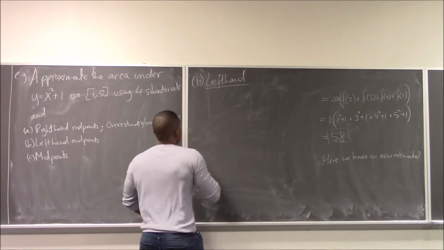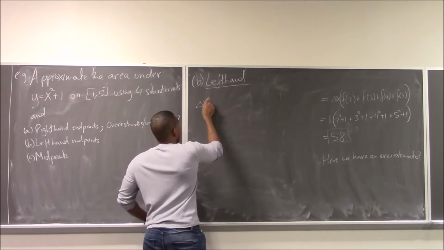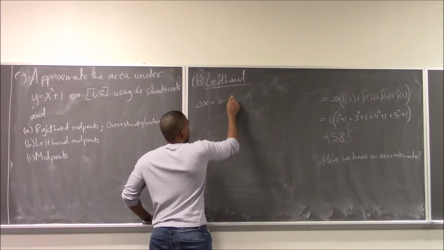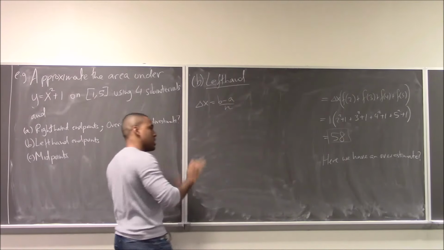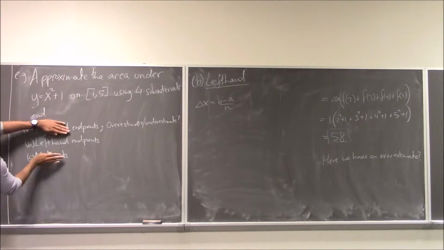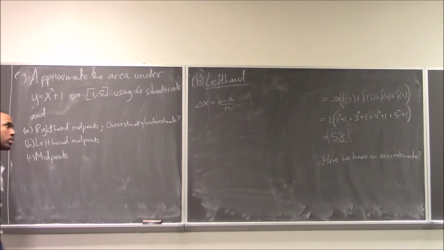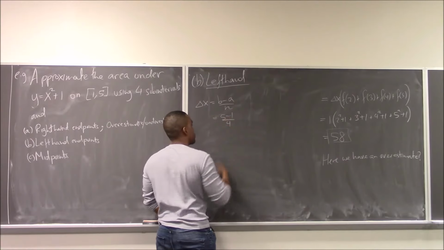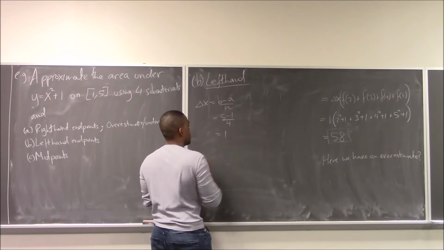So same idea. We're going to do delta x. We're going to need to draw the picture. Delta x equals b minus a over n. We're pretending that this was the question and it told me to use the left-hand endpoints. So here I would have 5 minus 1 over 4 plus 1.